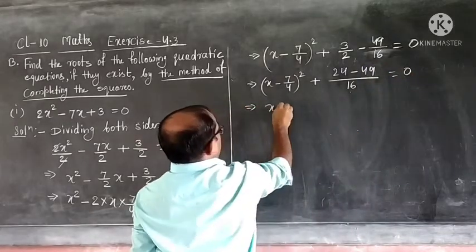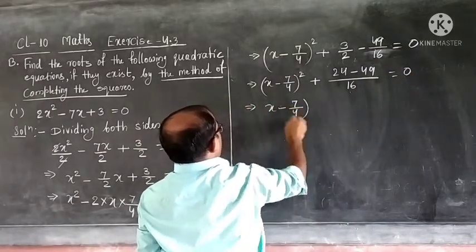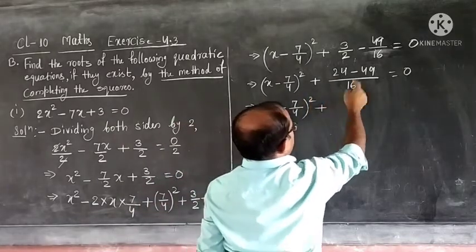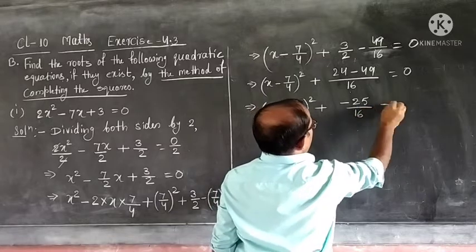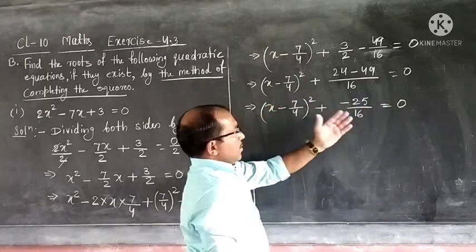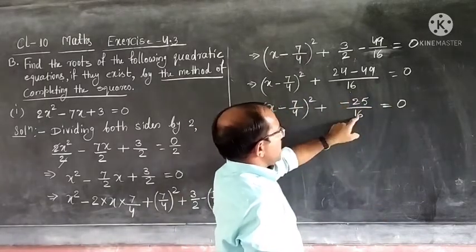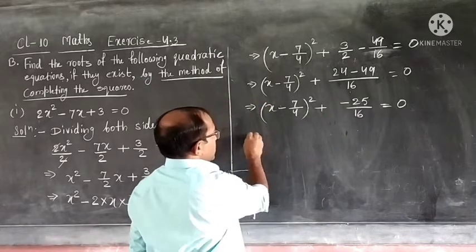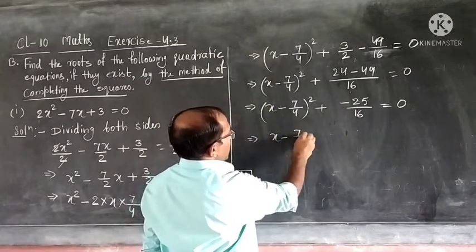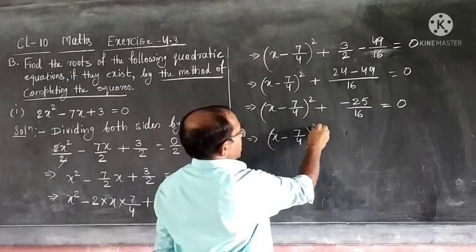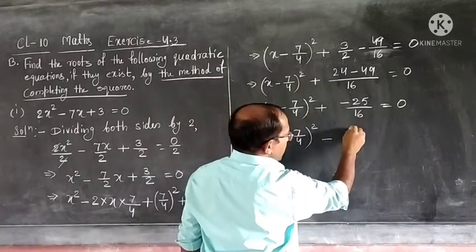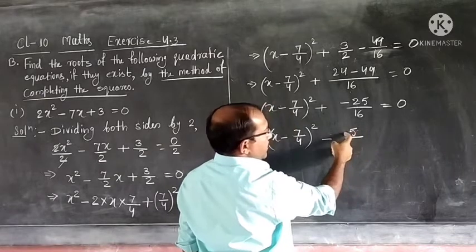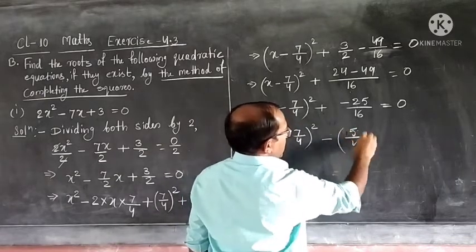We get x minus 7 by 4 whole square plus minus 25 by 16 equal to 0. This 25 by 16 here, this is plus minus minus. So, x minus 7 by 4 square is equal to 25 by 16, and 25 is perfect square of 5, 16 is 4 whole square.